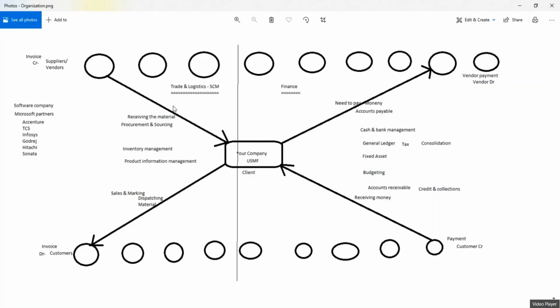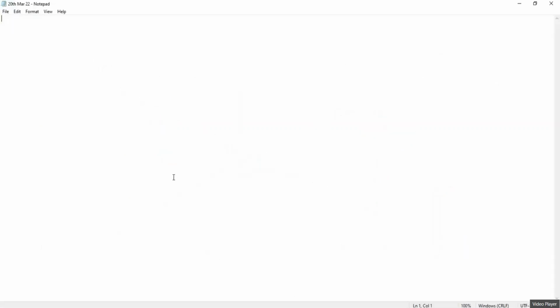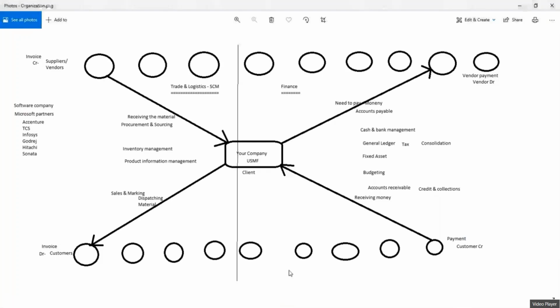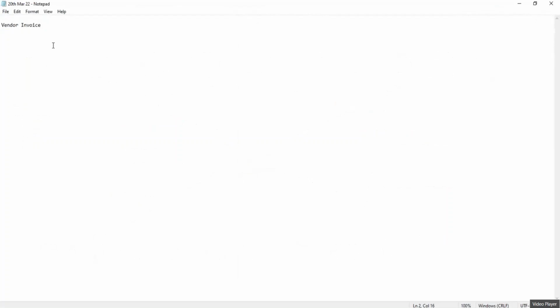So whenever you are purchasing material, then we will receive invoice against that material. So that means vendor invoice. Whenever you are receiving material, along with this material, you will receive invoice. That is called vendor invoice.